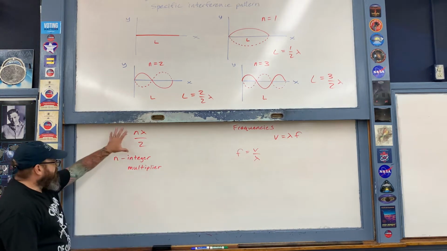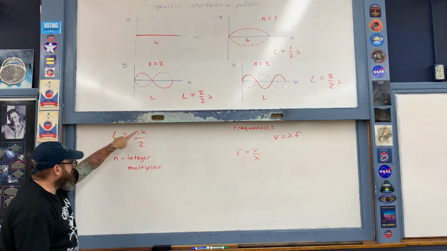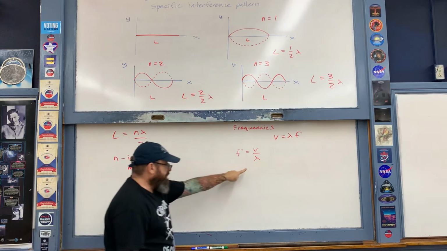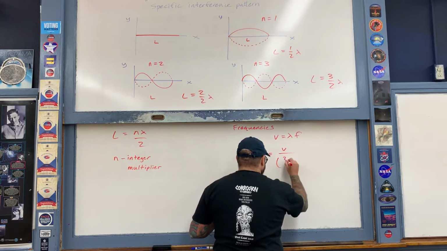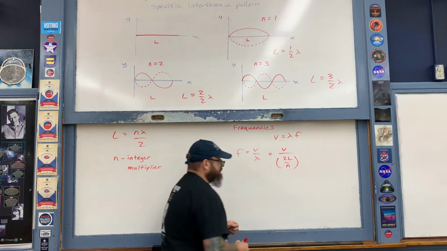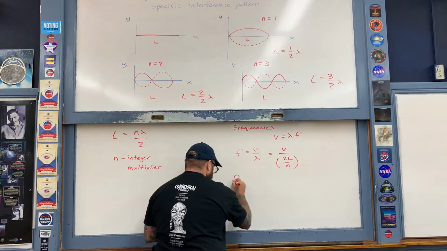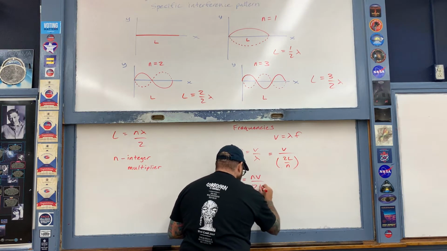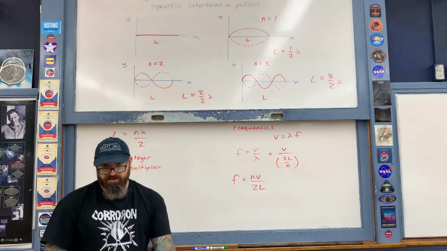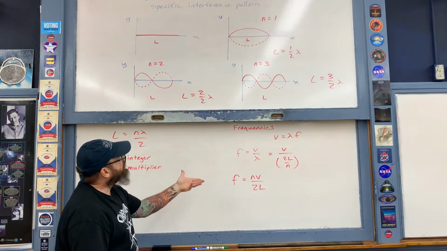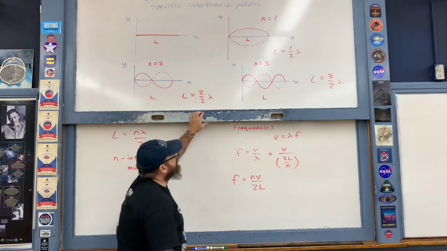And now, from this expression, the wavelength lambda is 2L over n. Let's go ahead and plug that into the denominator of the expression, like so. And then if we rearrange it slightly, let's move the n up to the numerator, we end up with this expression here. This expression describes the pattern associated with the frequencies. So for example, on the top board, when n is equal to 1, the frequency is the quantity v over 2L.